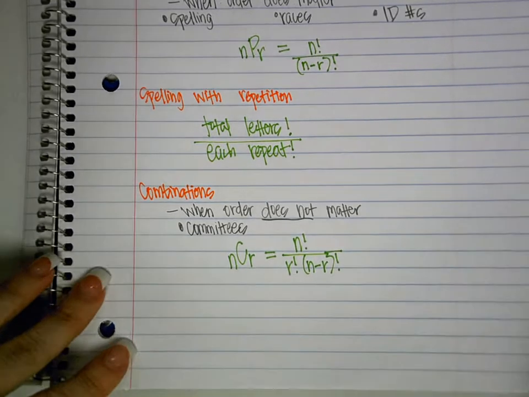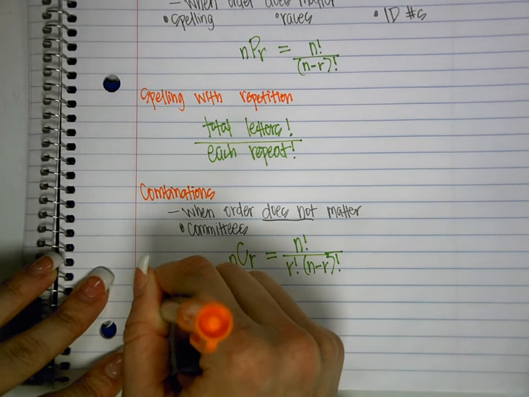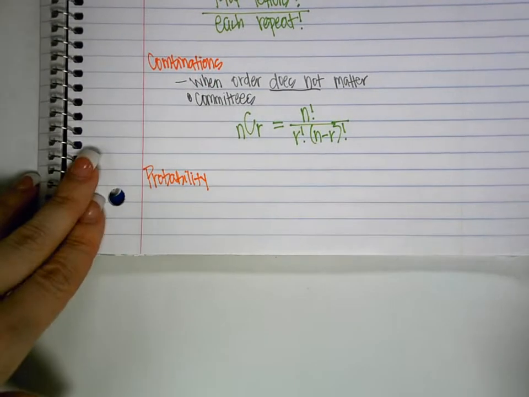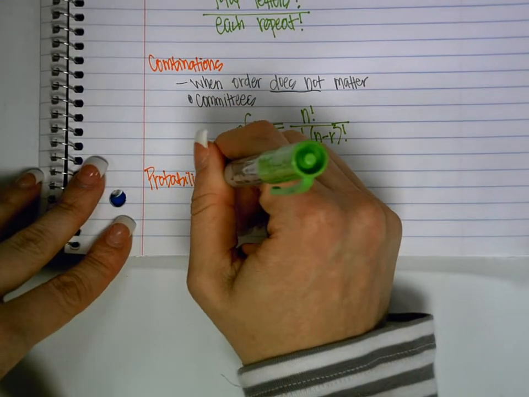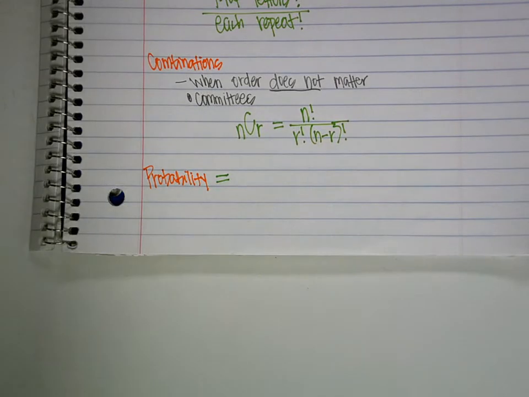Okay, next thing we went over was probability. What should you always get if we're finding the probability of something? You should always get a fraction, exactly. So on your quizzes today, you're going to take two quizzes. If it's asking you what's the probability of something happening, you need to make sure that your answer is a fraction. If it's asking you how many different things could happen, that's a combination or permutation.